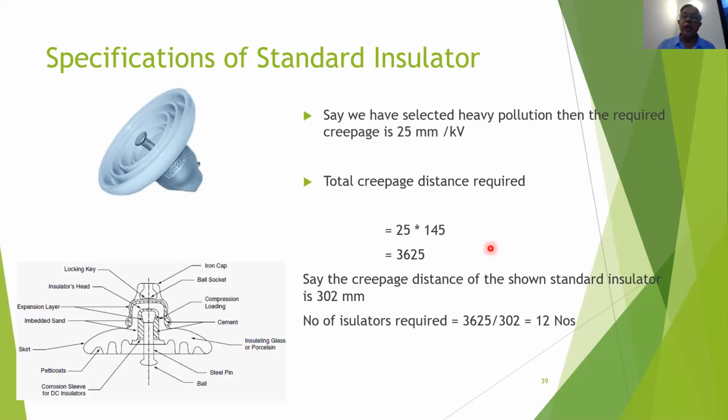Divided by 254, again it comes to about 9, 10 or 11 insulators.